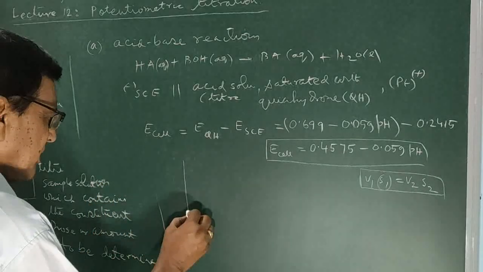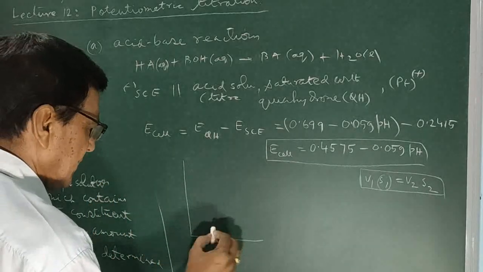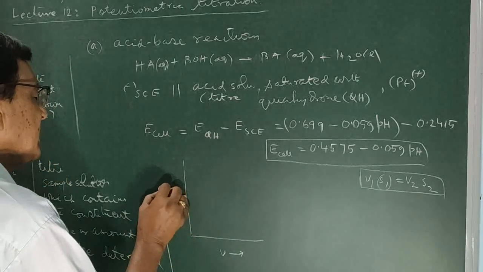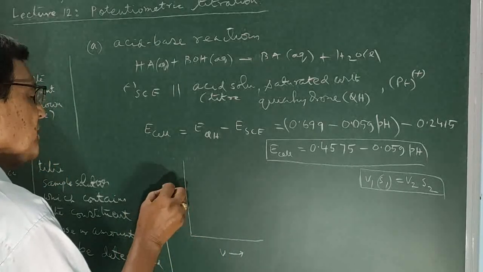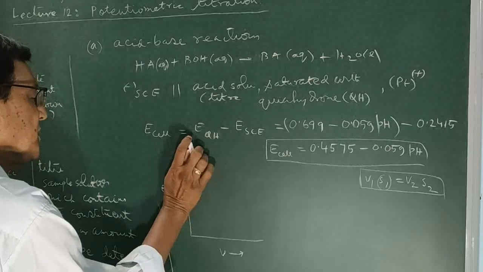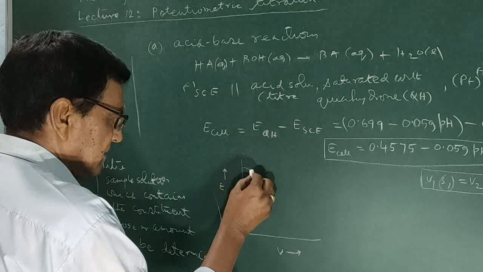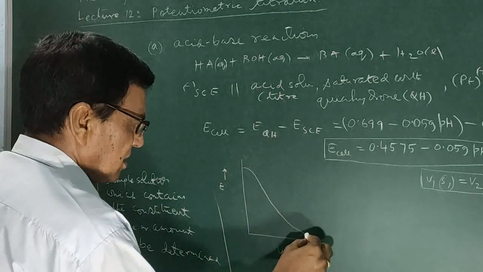Whenever a weak acid is taken, plot the volume of alkali against E cell, and in this case the curve will be like this.